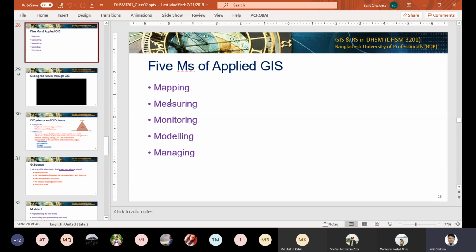But then you are trying to find out the changes of urban areas for every year or every 5 years. So at that time, you might say that it's monitoring because you have more than 2 points of time, and then you are monitoring the changes or observing the changes.